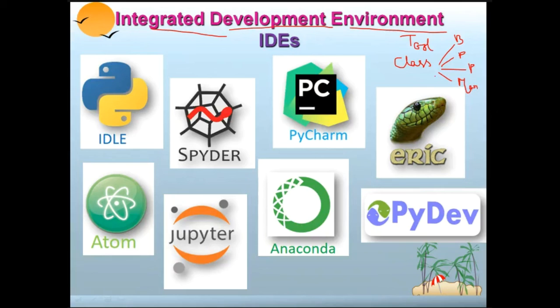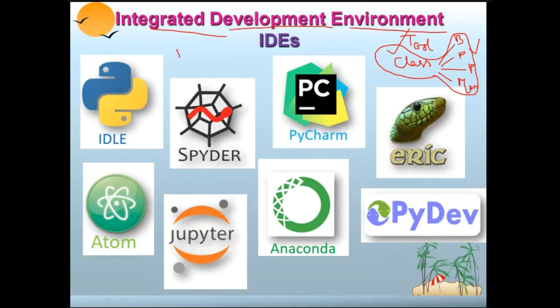So I've provided all the features required for a class to be taken in a classroom. Those features are applicable for me as well as my students. So I've created an environment where I can deliver my lecture. In the same way, an integrated development environment is also something where you write your code lines and execute the operations to be performed through the code. Okay, so I hope you got the concept.